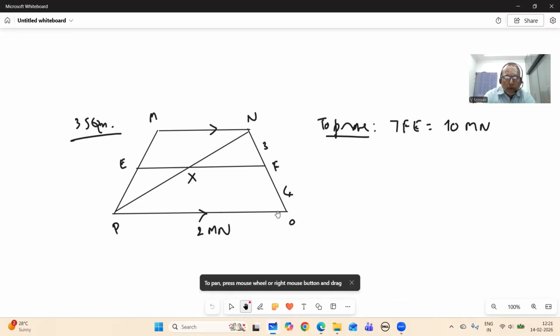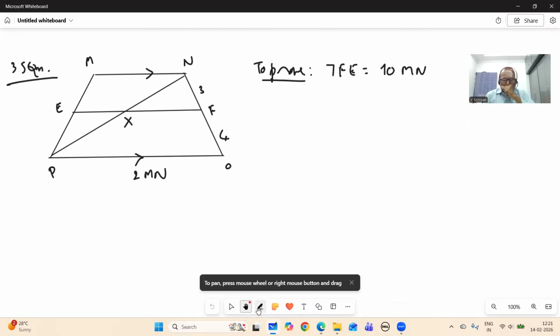So first let us consider the trapezium MNOP, right? These two opposite sides, MN and PO, are parallel. And also PO is 2 times MN, that is given, and also NE by EO is given.